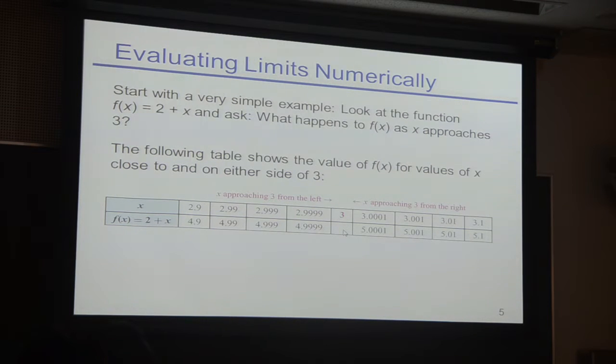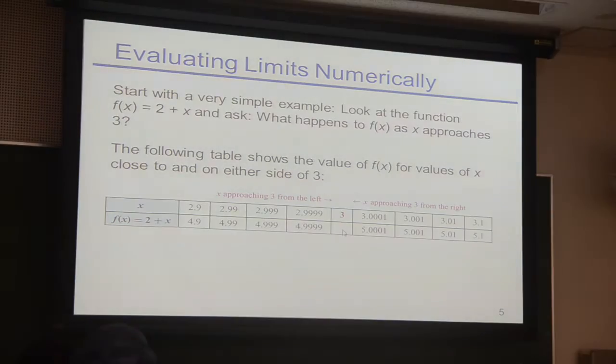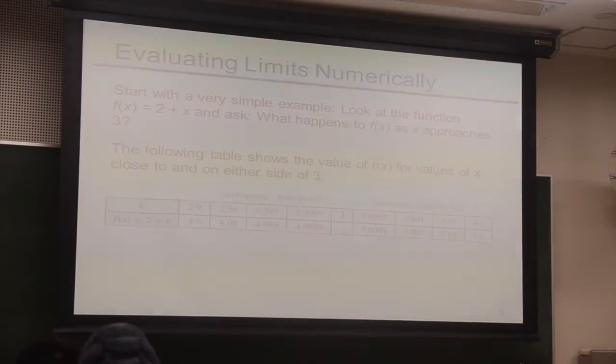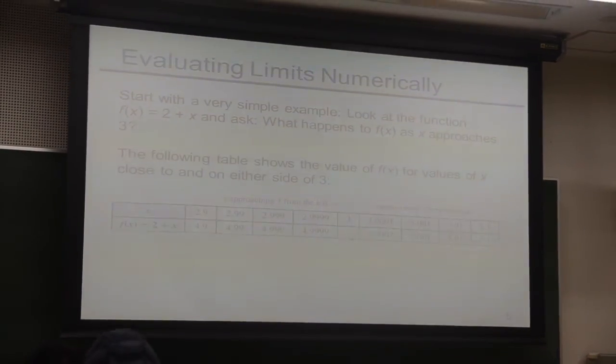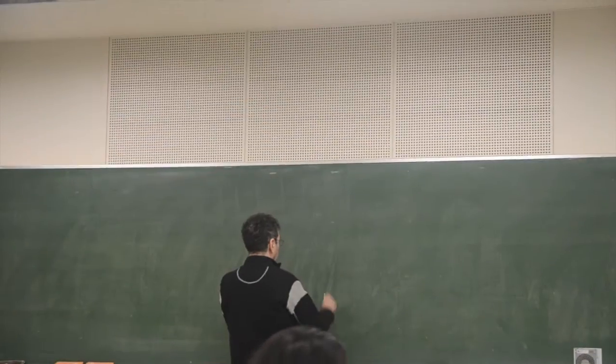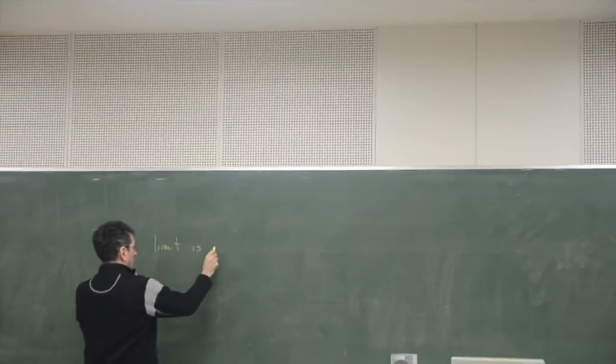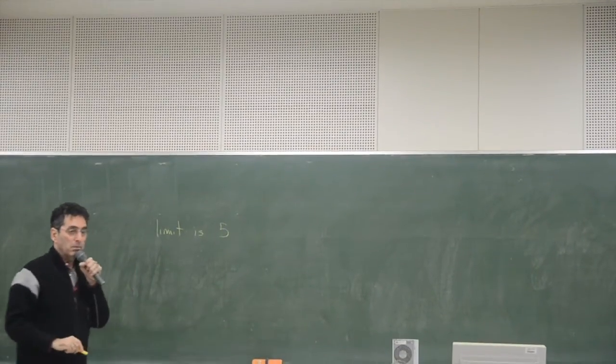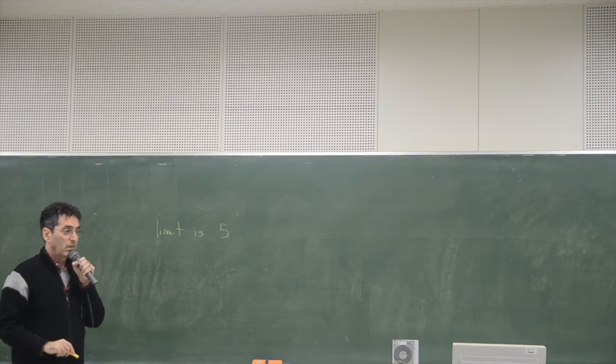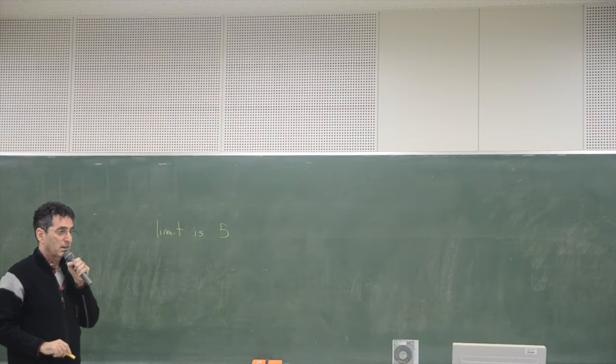Okay, so that's the language that you should learn to use. First of all, how did I just say that? I said the limit is 5. So how do I write it a little more clearly? I'd write the limit is 5, but that doesn't really state the whole problem. Let's say it a little more clearly.